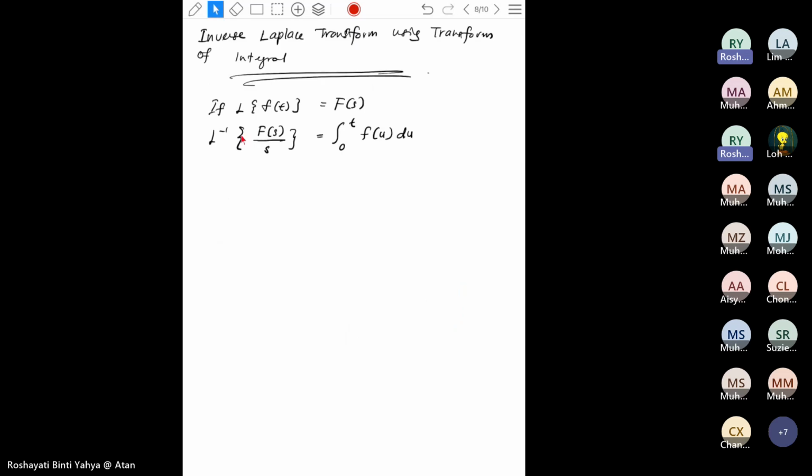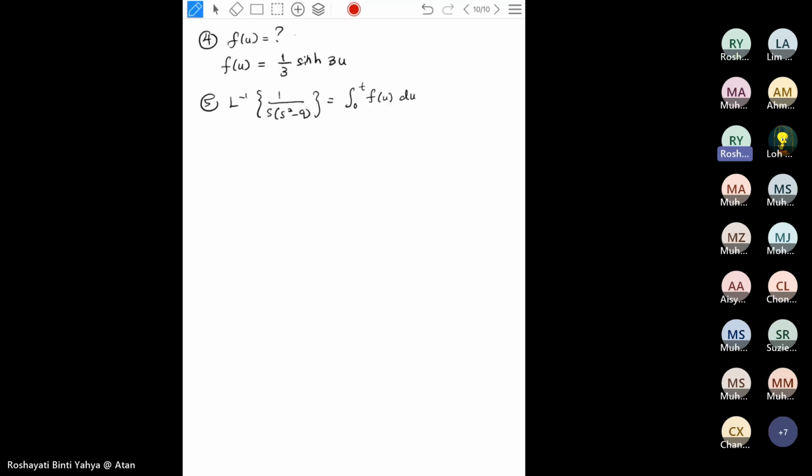Based on this, if your function can be written as F(s) over s, then you need to solve it as the integral of f(u) du. That's why you need to use this formula.